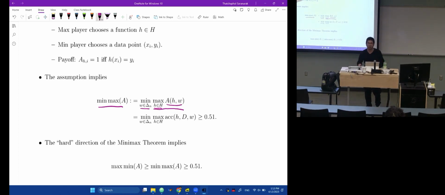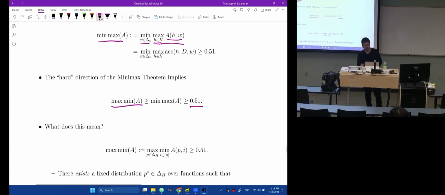So now let's interpret this. What does it mean to say that max-min is more than half? Just write down what max-min of A is. Max over P, a distribution over functions, of min over i of A(P, i), is more than half.